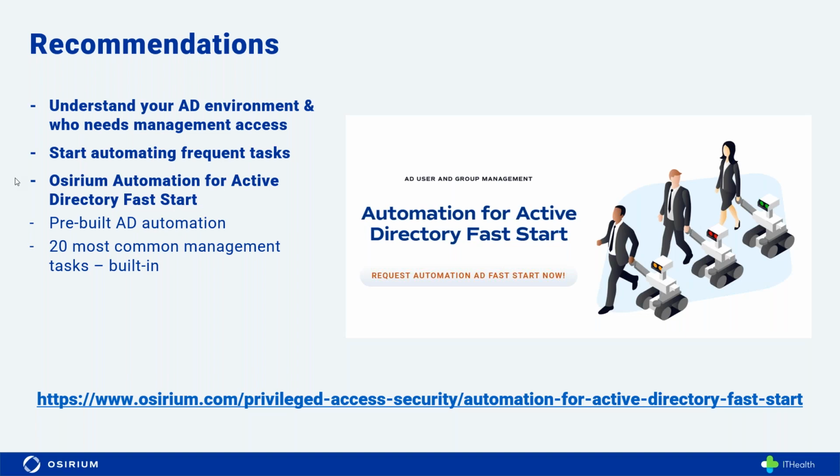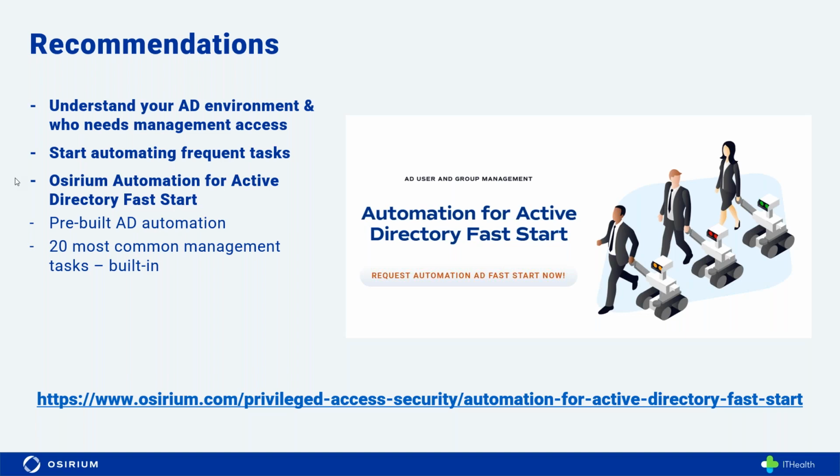Next question is, what's actually needed to run Osirium Automation? Yeah, it's very simple, it's a pre-packaged virtual appliance. So you can install that into your preferred hypervisor, whether that's VMware or Hyper-V, or it's in the Azure and AWS marketplaces.